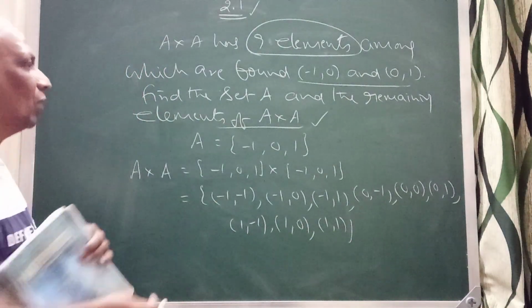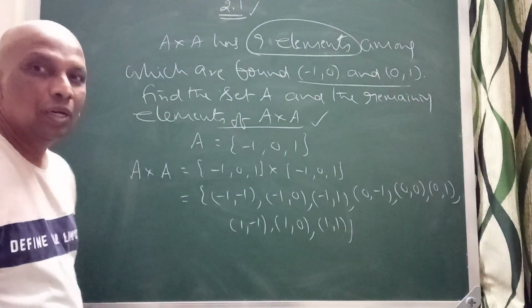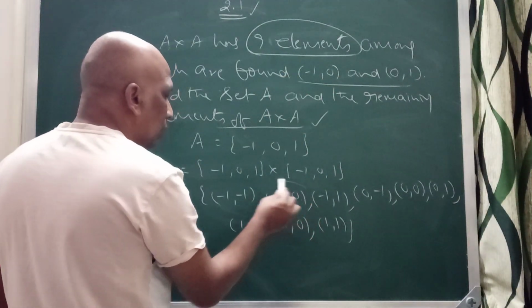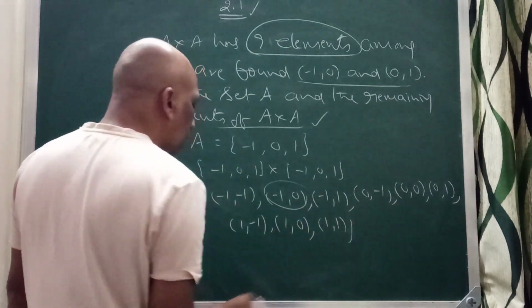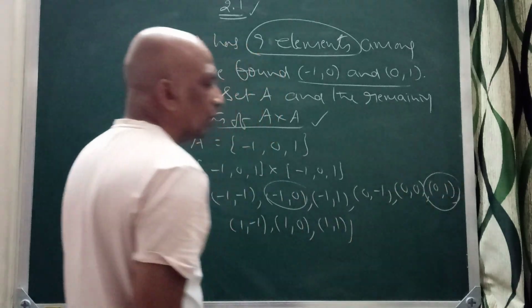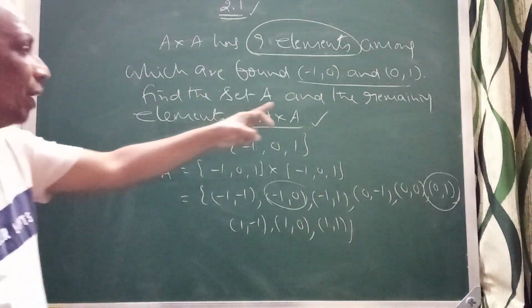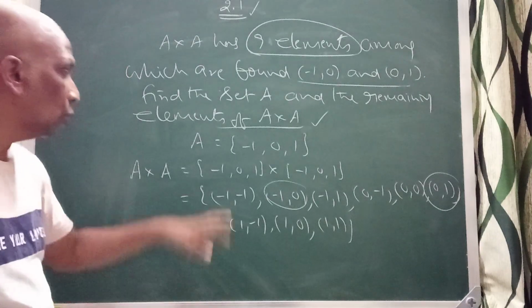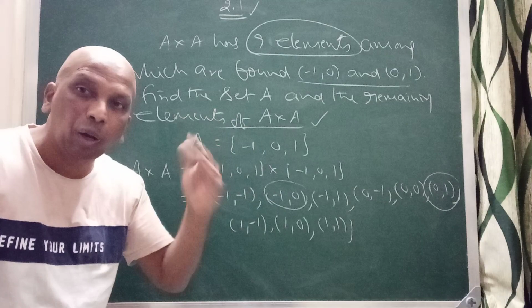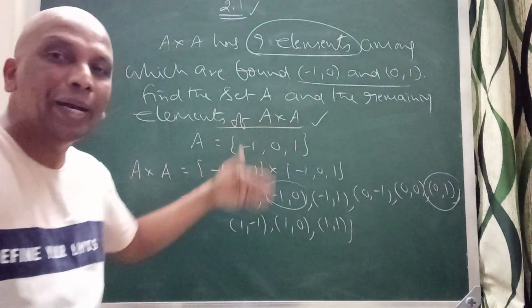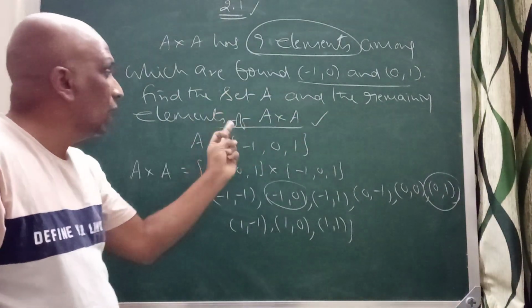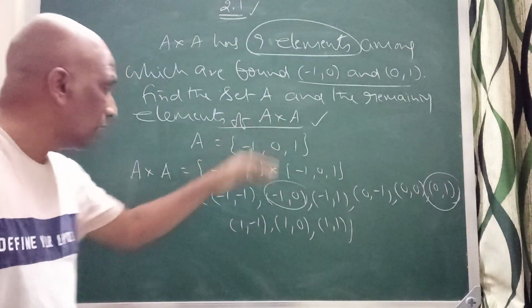They are asking to find the remaining elements of A cross A. Except these two, (minus 1, 0) and (0, 1), you write all the others.